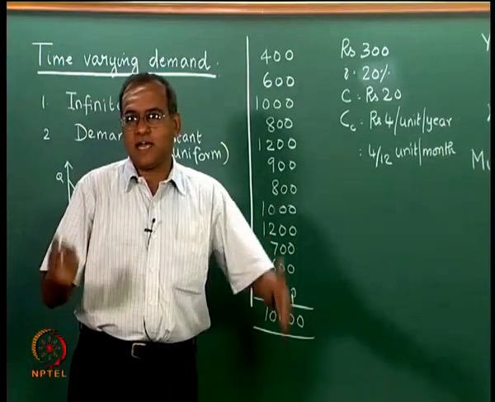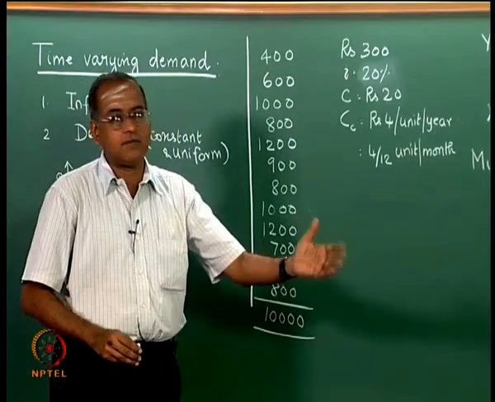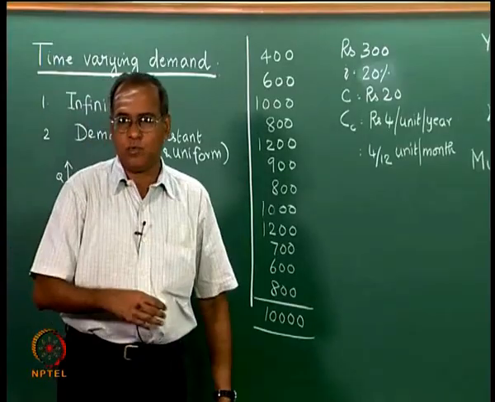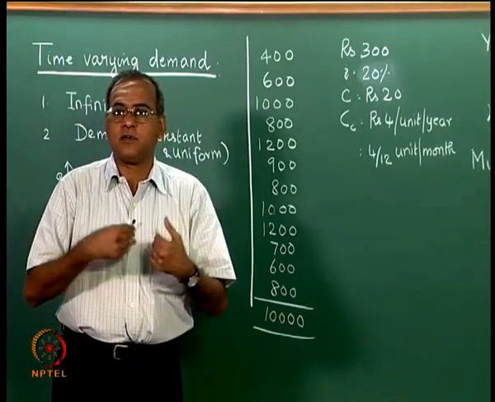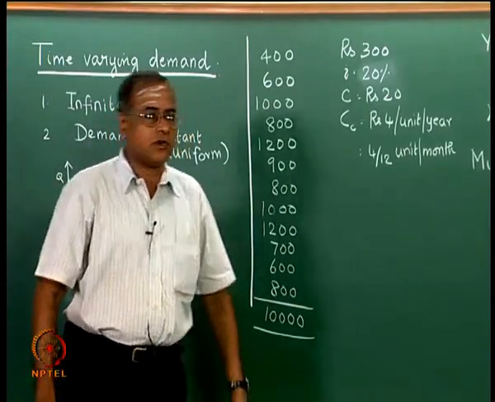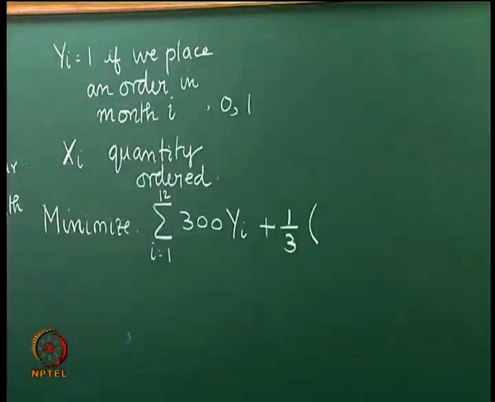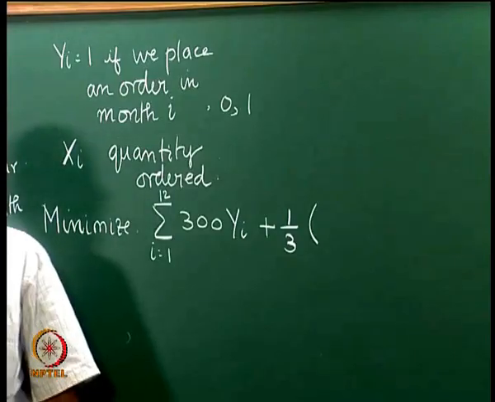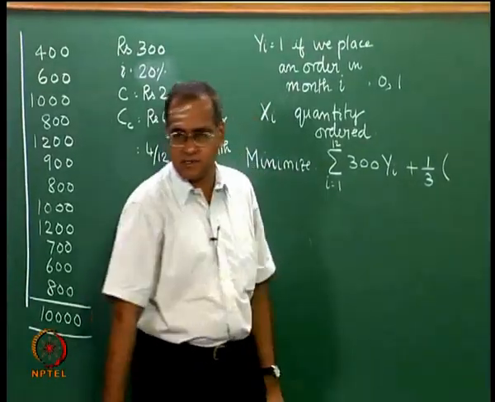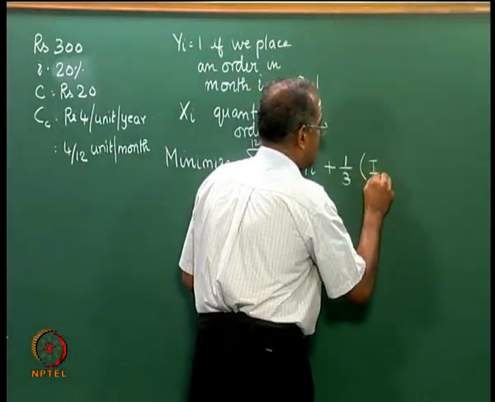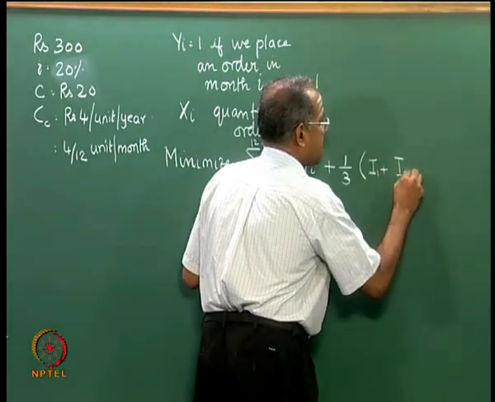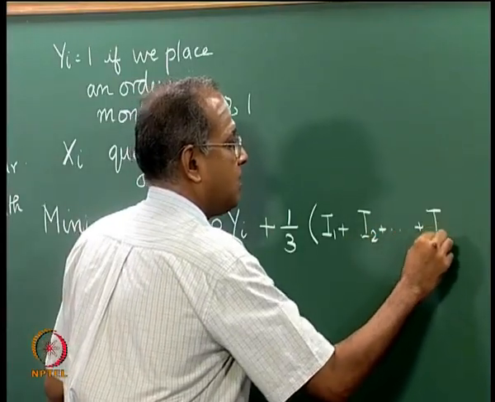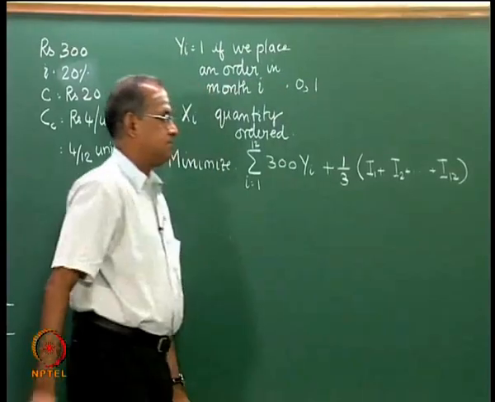One is you charge it on average inventory, which means beginning inventory plus ending inventory divided by 2, or you could charge it only on ending inventory. So let us assume we are going to charge it only on ending inventory. So let us call I1, I2, I3 etc. as the ending inventories. So this is 1 by 3 into I1 plus I2 plus ... plus I12.